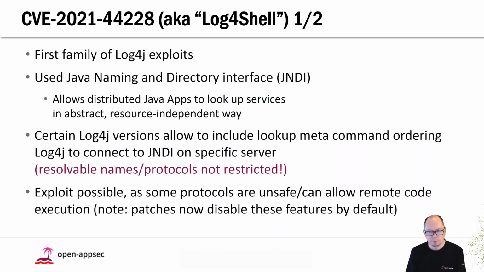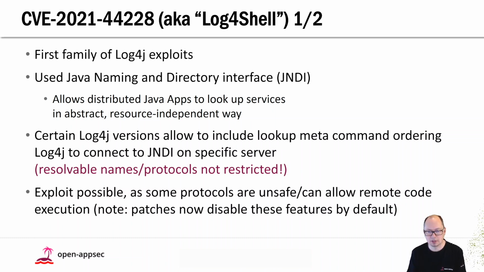By using this, in certain Log4j versions, it was possible to include lookup metadata that technically ordered the Log4j module to connect using the JNDI protocol to specific servers. And the important thing to notice here is that the protocols that could be used and the resolvable names were not restricted at all.